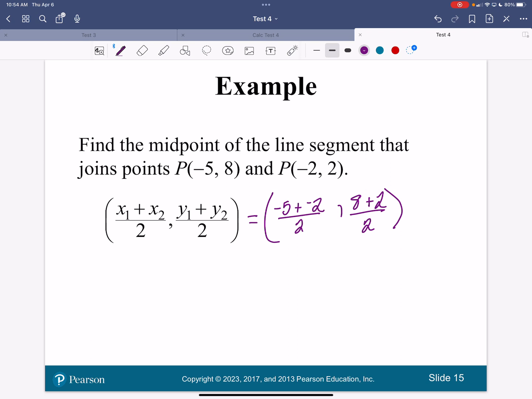So negative 5 plus negative 2 is negative 7. So that's going to be negative 7 over 2. 8 plus 2 is 10. What's 10 divided by 2? Good. And that is my final answer.